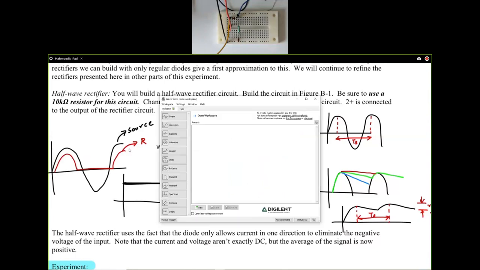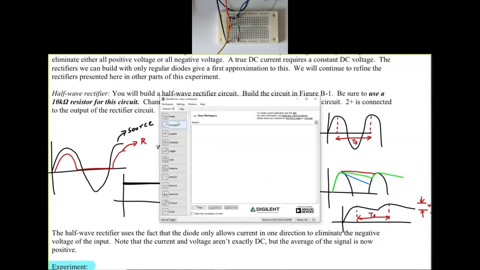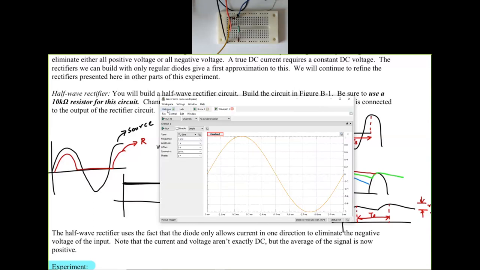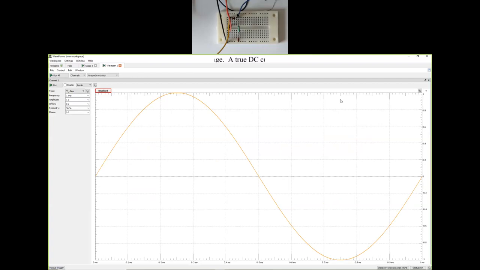I'm starting waveforms here. Detect the board, sure. Do I need scope? Yes. Do I need wave gen? Yes. And do I need supplies? Not right now.